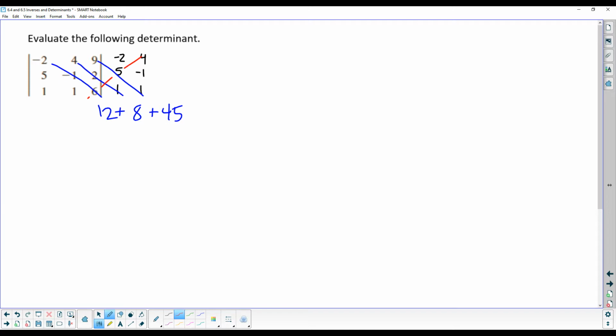Is that 120? We're multiplying. You multiply the diagonals. Yeah, I was thinking of the subtraction ahead.